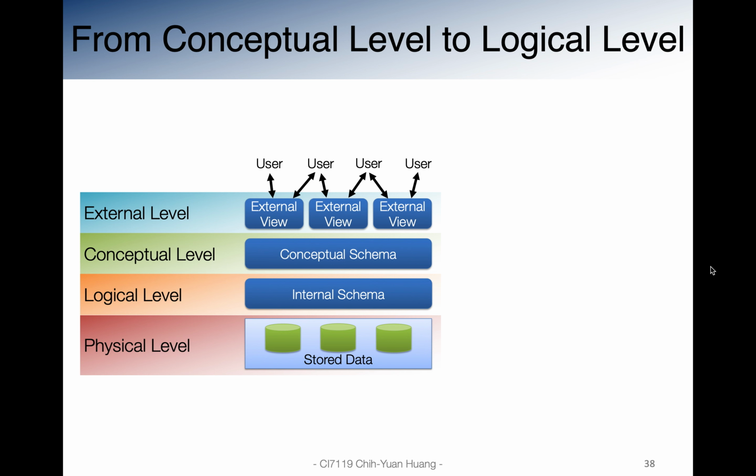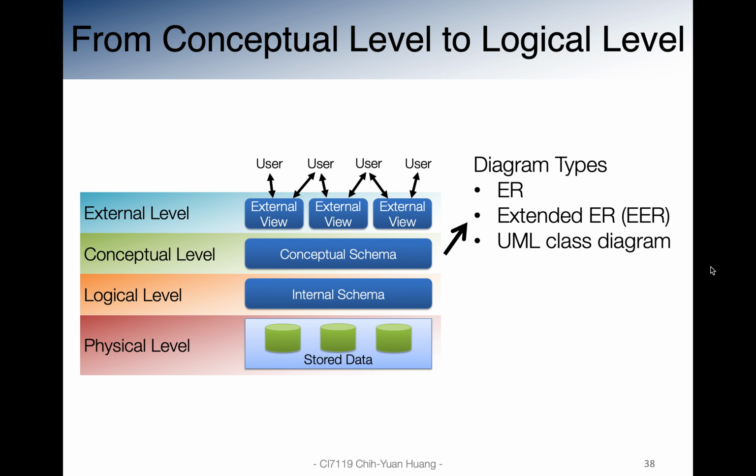As we mentioned earlier, there are these levels of abstraction, and we talk about the conceptual level, which is about conceptual data modeling, and you could use different types of diagrams to model the conceptual data model.